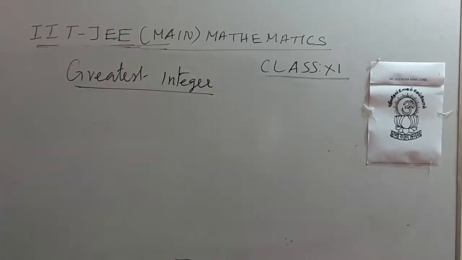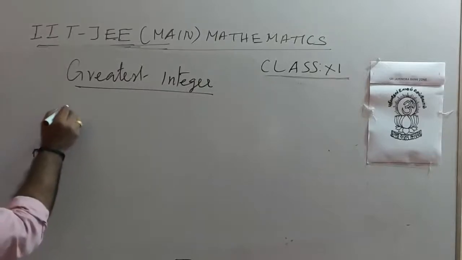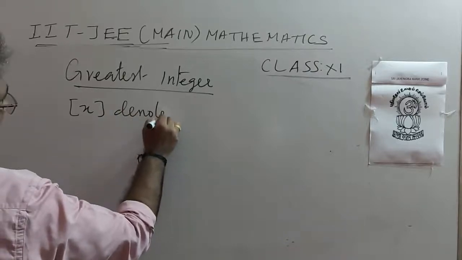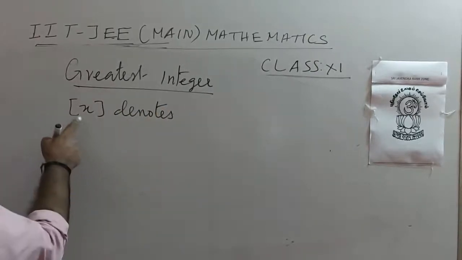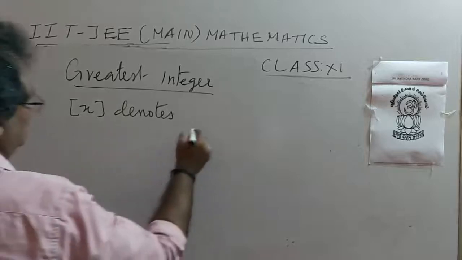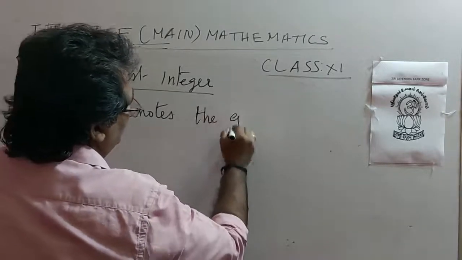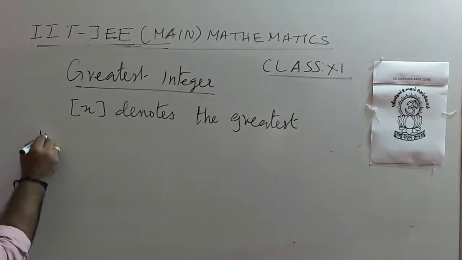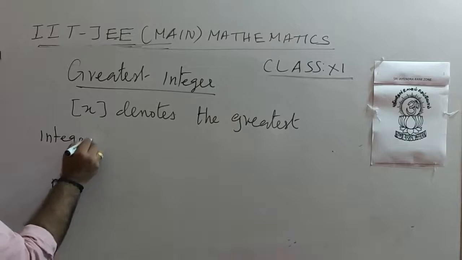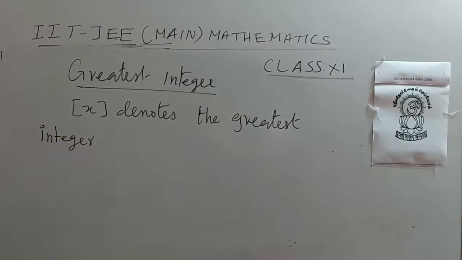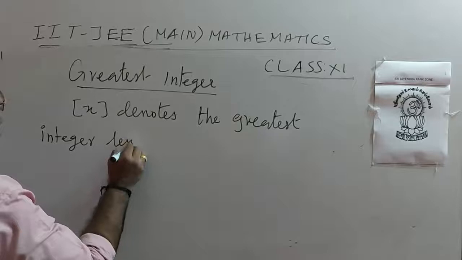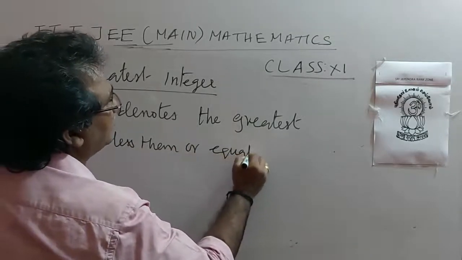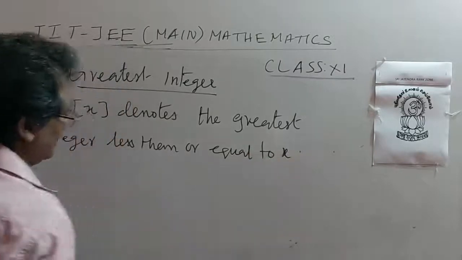So, greatest integer. The square bracket [x] denotes the greatest integer less than or equal to x.